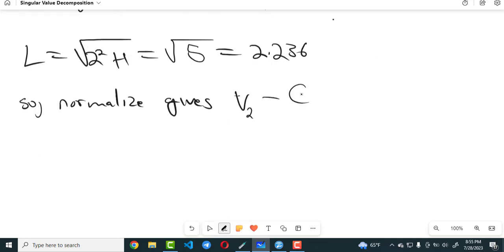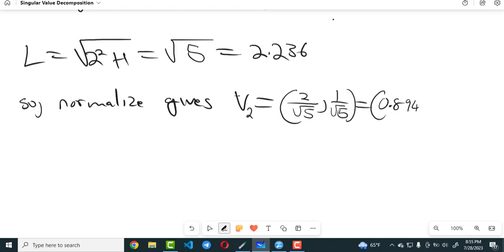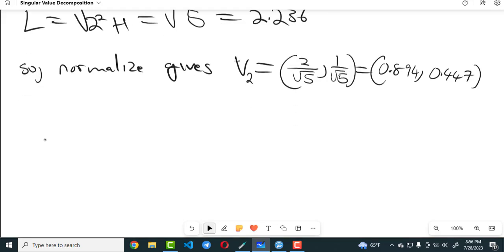And V2 points equal 2 over root 5 and 1 over root 5, which gives us positive values 0.894 and 0.447, the positive values.